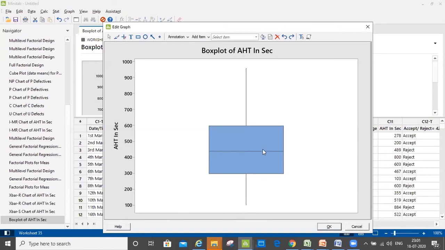So this is the median line, which means 50% of your data points, 225 of the 450, have HT of 437 or less, and 50% have HT of more than 437. That's the box plot.